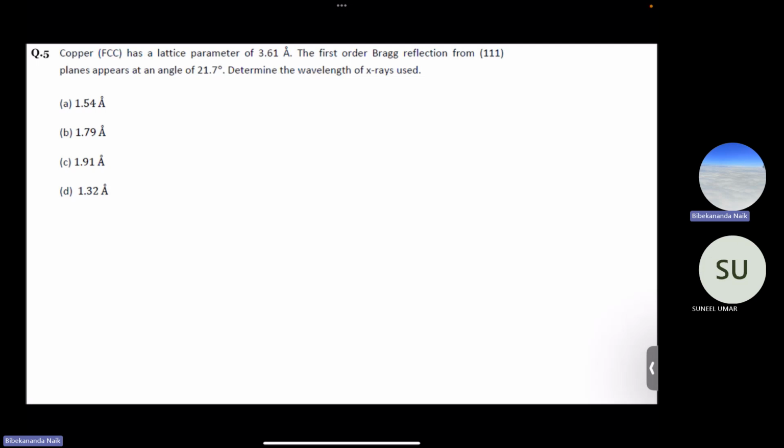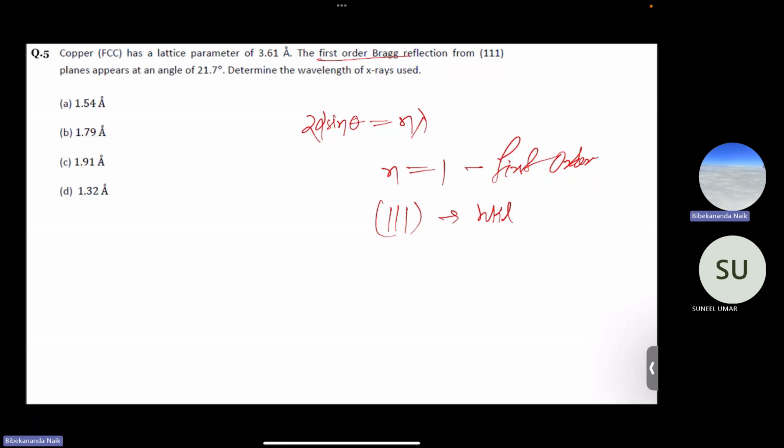All the information required to calculate the unknown value is given. According to Bragg's law of diffraction, 2d sine theta is equal to n lambda. n is 1 because it is given as first order. Then the 111 plane is given. HKL value we know, so from the HKL value, we can calculate d. d is a by root over h square plus k square plus l square.